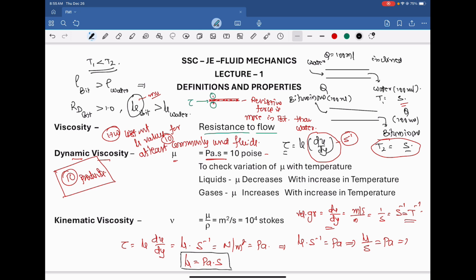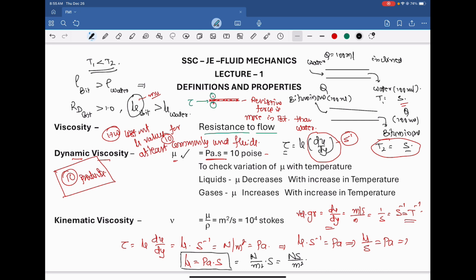When you use SI units, the unit of dynamic viscosity is Pascal second. You should be able to derive these. This can also be written as Newton second by meter square: Newton by meter square into second, that is Newton second by meter square. This way you should be able to derive.